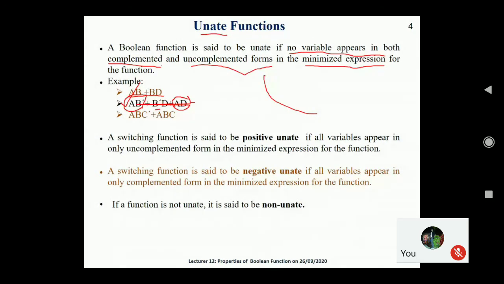That means the complement and uncomplement conditions are satisfied. Also d is present in the second term and in the third term, but these are all uncomplemented forms. So all the variables appear in either complement or uncomplement form only. So this one is a unit function. Right, are you getting it or not?